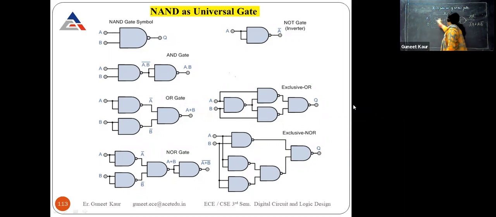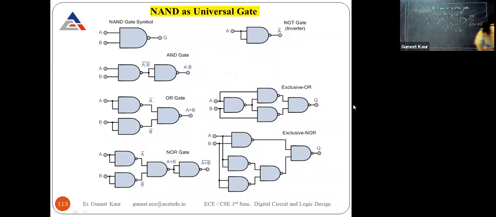Now this output should be given to this, but firstly we should know the output. What will the output be here? Because this is a NAND gate, it is A dot B whole bar. Now here, the multiplication of these two, A dot AB bar whole bar, and here we will get B dot AB bar whole bar.